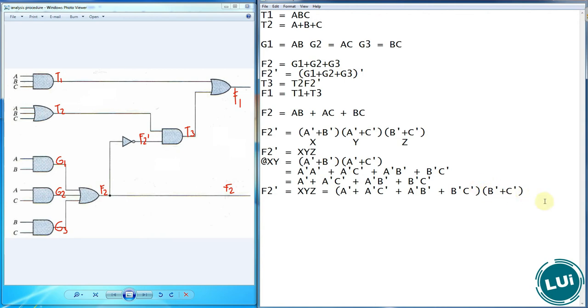So it's just a matter of algebraic manipulation or the distributive property: A prime, B prime, or A prime, C prime. Then if you continue that, you will be able to get this expression.